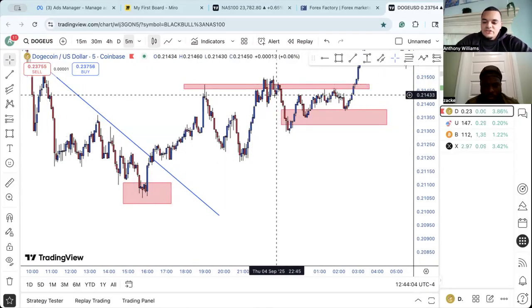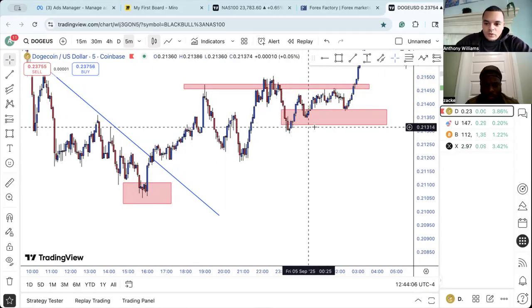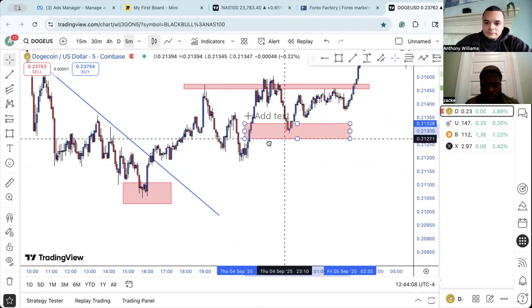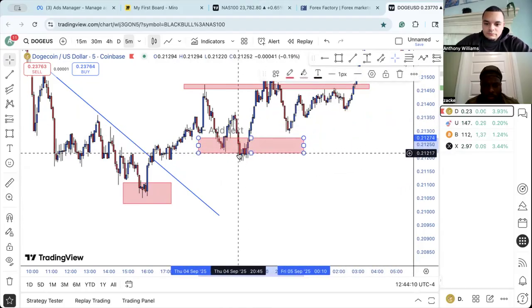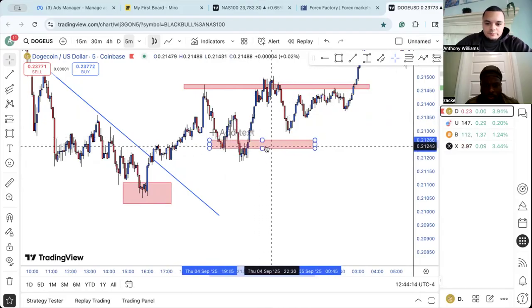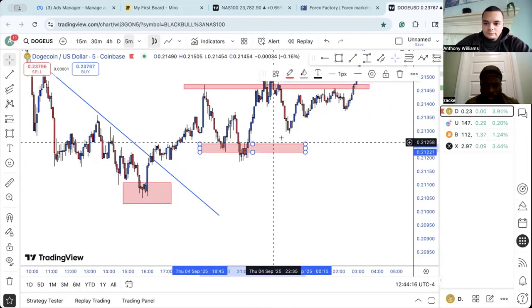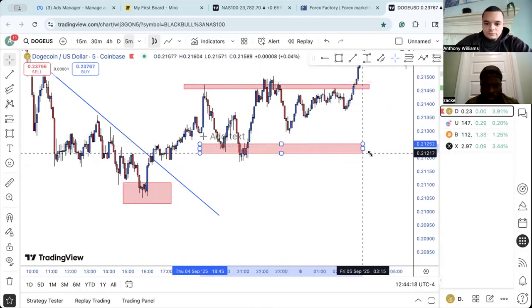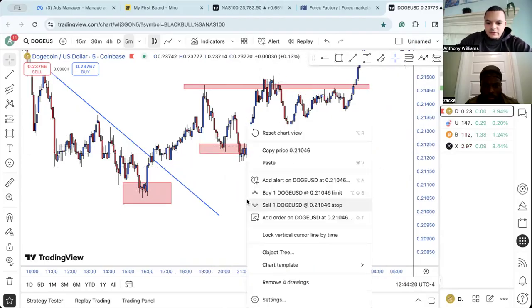Since this resistance shot down and we're in buys, we're looking for support. Support is at the bottom. Let me clear all this up.